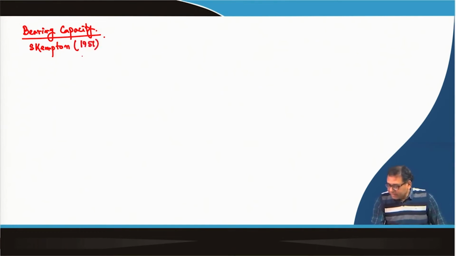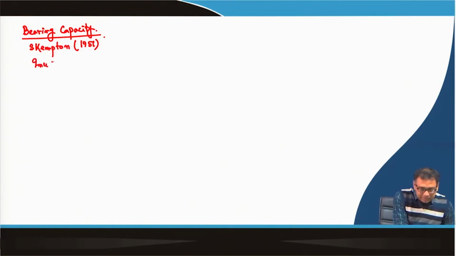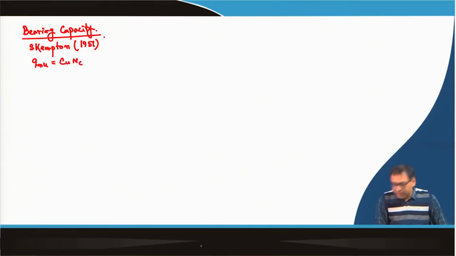(1951) and that bearing capacity equation is net ultimate bearing capacity is Cu Nc. Okay.